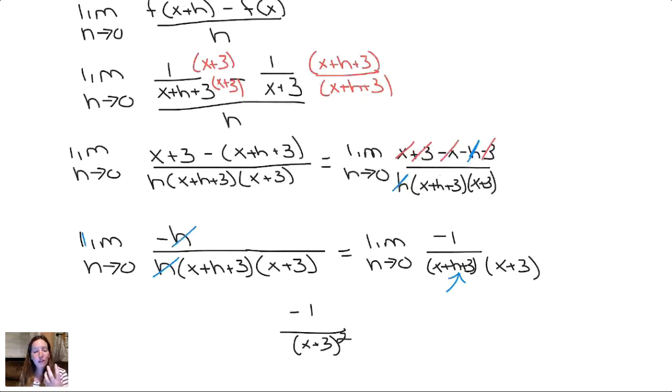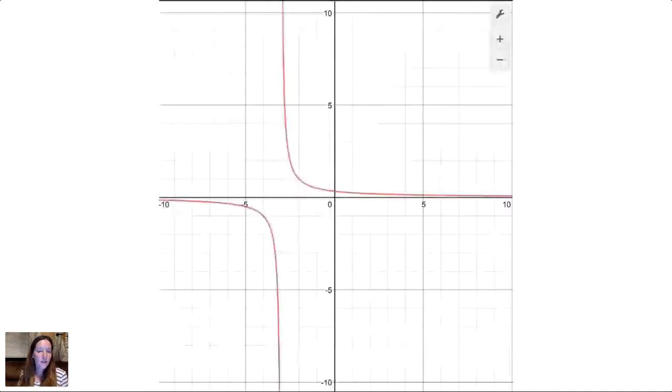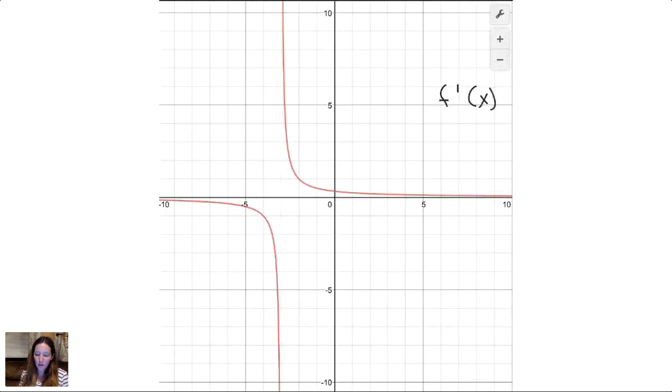The derivative is what happens when we take this average rate of change, that slope between 2 points, and we make it a slope at a single point, right? So we now have the slope of any point on that graph. So here's the graph of that function, right? And so we just found that the derivative is that.